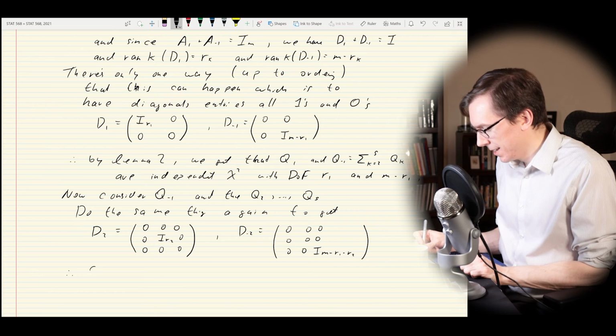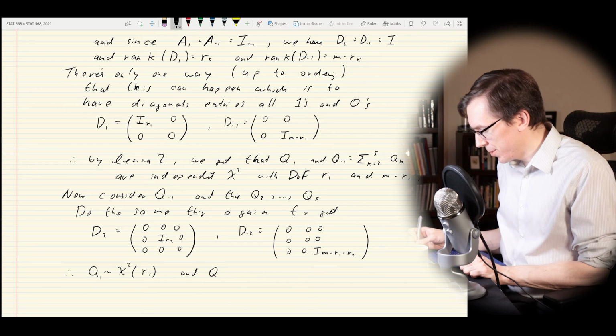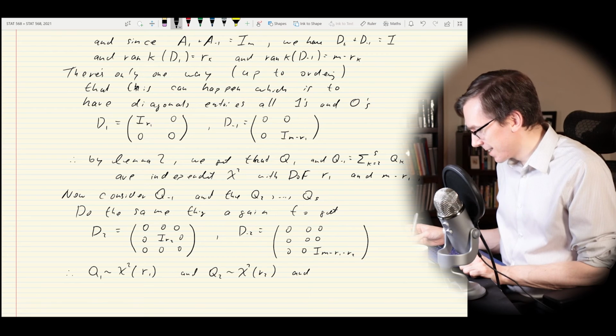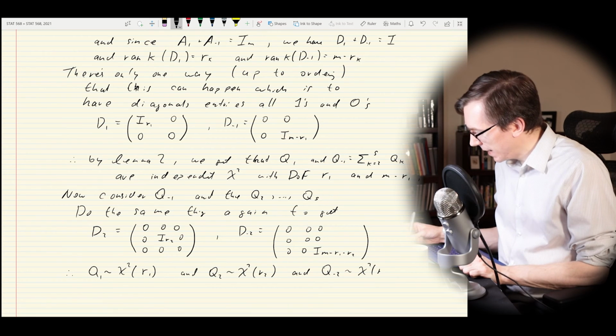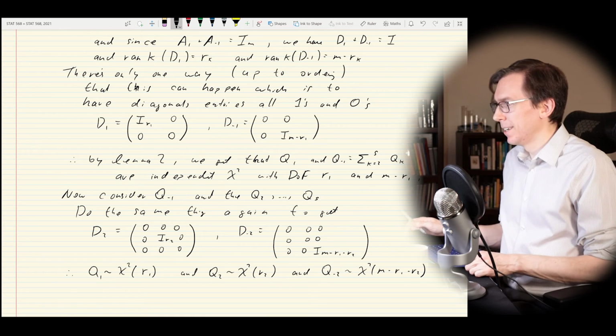Therefore, Q1 from above is chi-squared with R1 degrees of freedom, Q2 is chi-squared with R2 degrees of freedom, and Q minus 2 is chi-squared with M minus R1 minus R2 degrees of freedom.